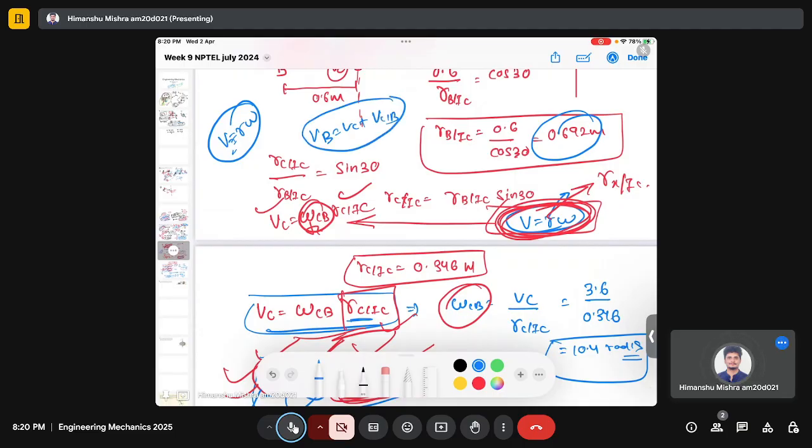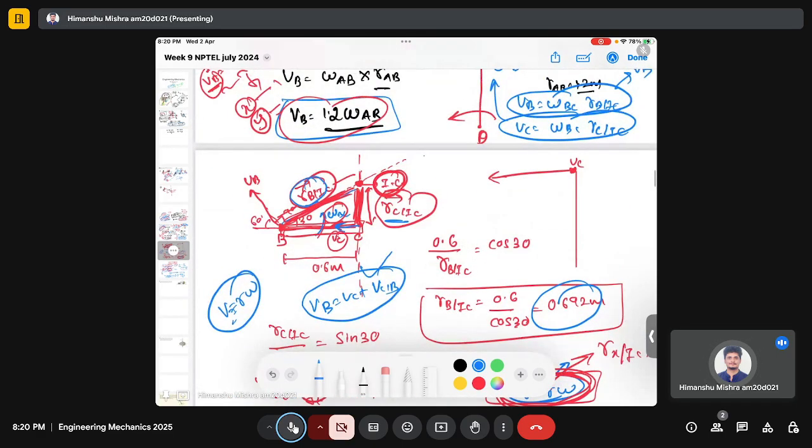It is not that you are not using the instantaneous center method, so you have to use this relation. It is nothing like that. You are just not concerned about this position vector. So when you don't use the instantaneous center method, you don't concern yourself about this position vector. That's all.